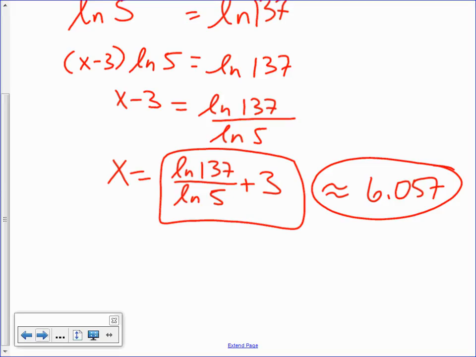Yes, it's the same thing. You're just changing the base, and it doesn't matter because it still gives you the exponent. The natural log and the log still mean exponent. Quick question? We good? All right.